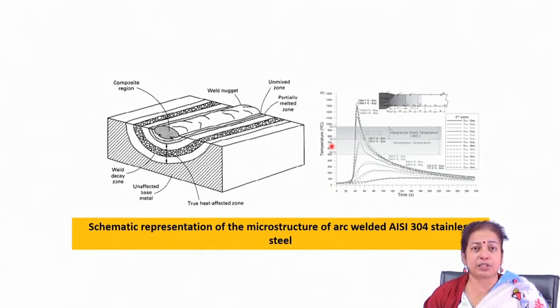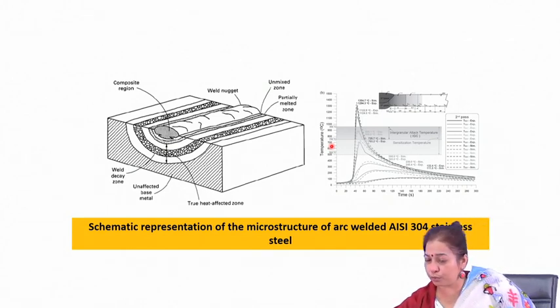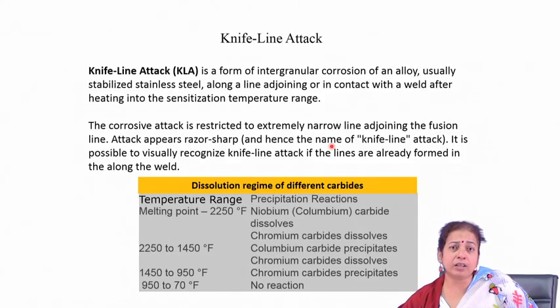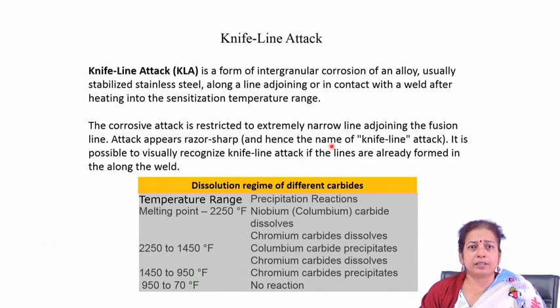Whenever the steel is subjected to arc welding, there is no free carbon available for the formation of chromium carbide, so there is no chromium carbide formation. So, that particular treatment is very much important.